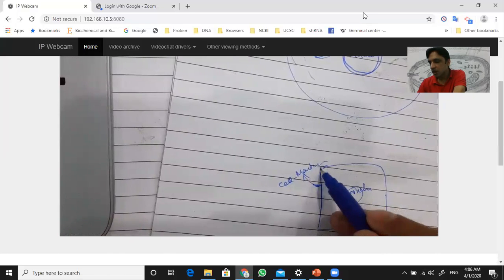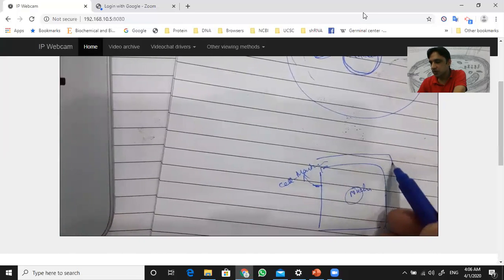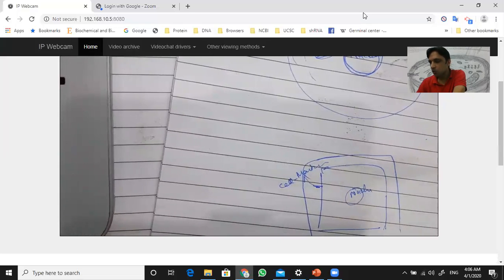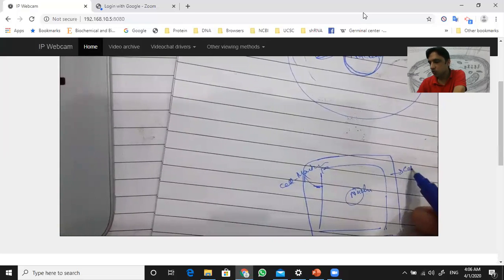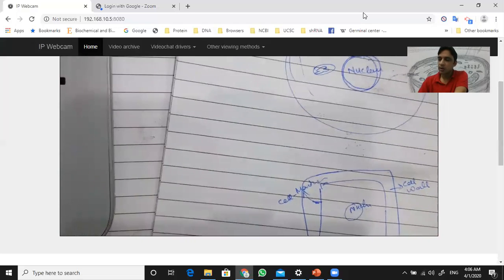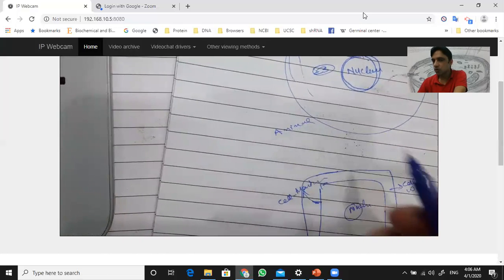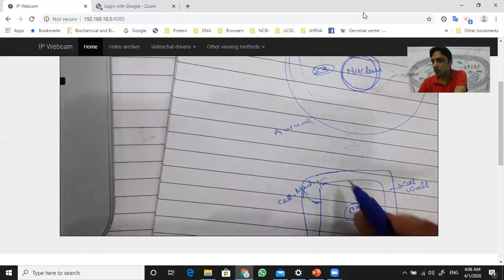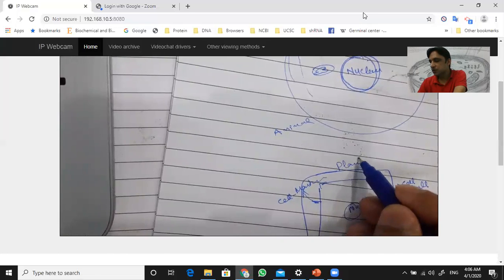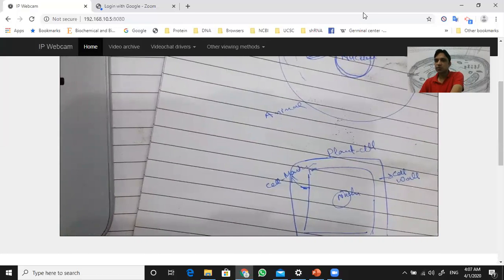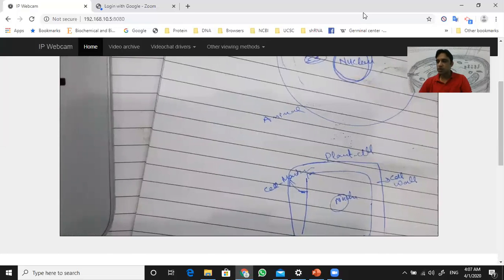In addition to the cell membrane, the plant cells contain an additional layer outside the cell membrane, which is called the cell wall. There exist more differences between the animal cells and the plant cells, and we will look into these differences in the upcoming slides. But I just want you to remember these two typical differences between the two types of cells.